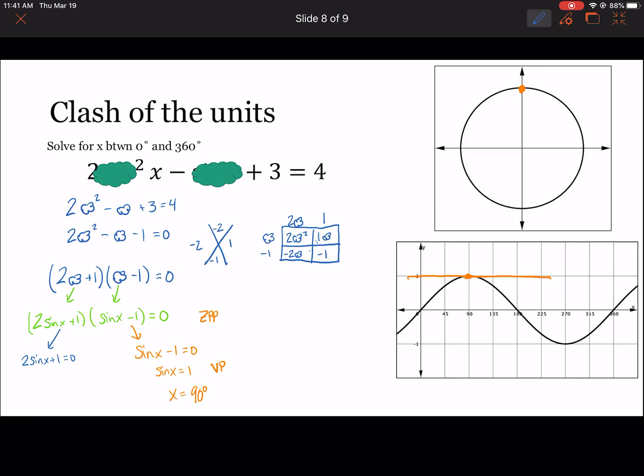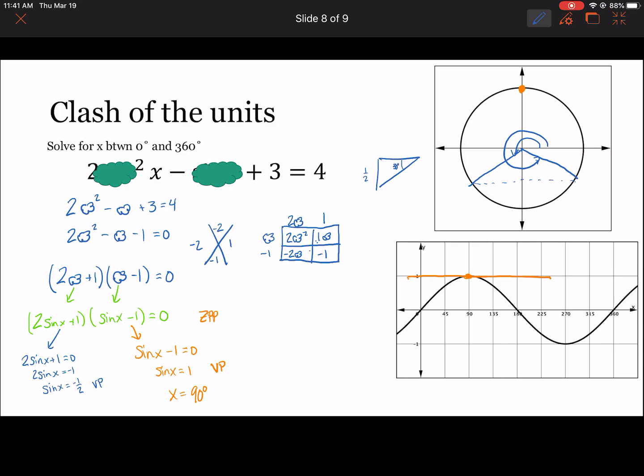For 2 sine x plus 1 equals 0, I got to do a little bit more solving. So now I need to think about the vertical position where that's equal to -1/2. So I'm referring to this place right here, or these two angles. Again, I'm going to draw my triangle thinking about where this vertical position is 1/2.